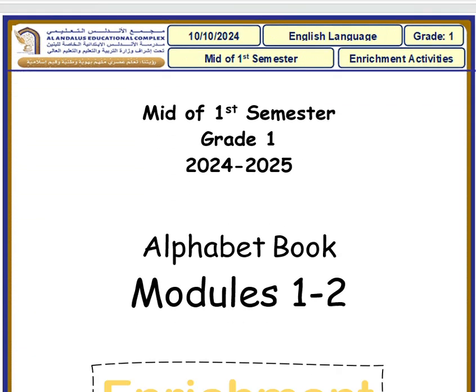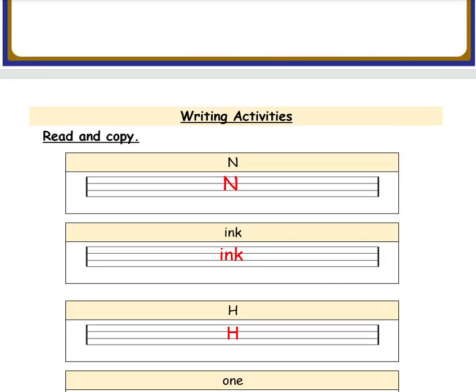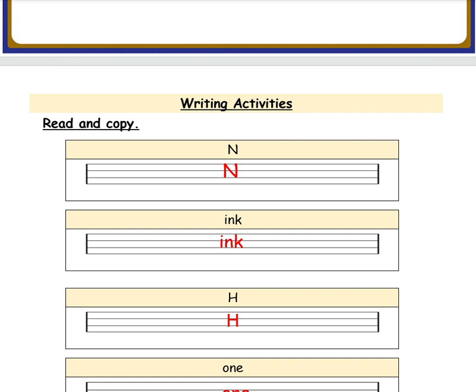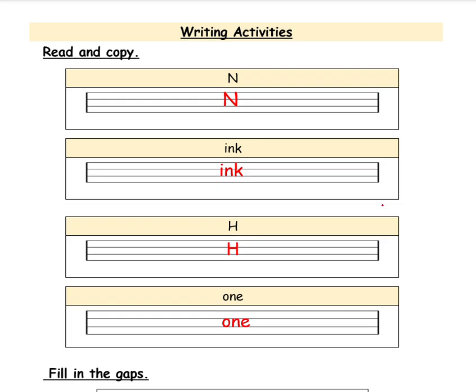All right, now the third part of the enrichment has to do with writing. We have writing activities going on here. So this activity has to do with your handwriting. Your handwriting must be good or as good as possible.